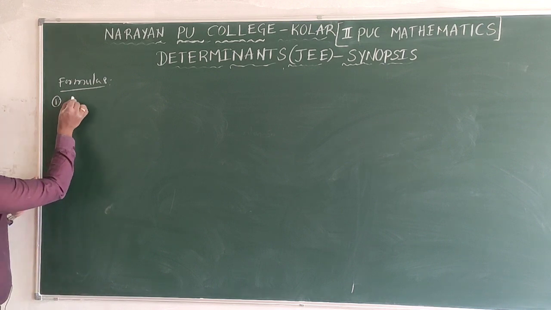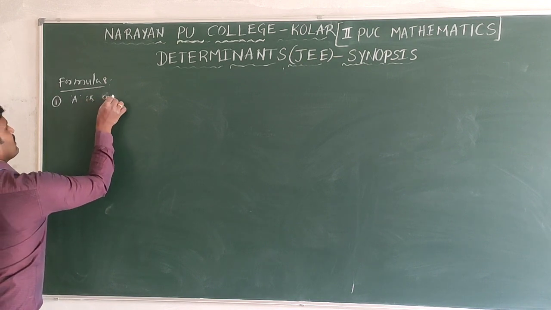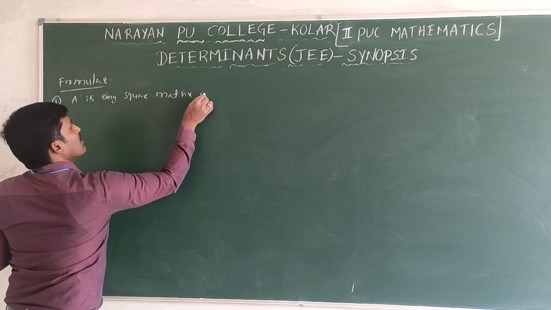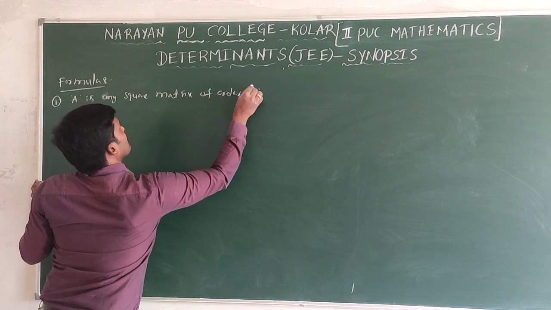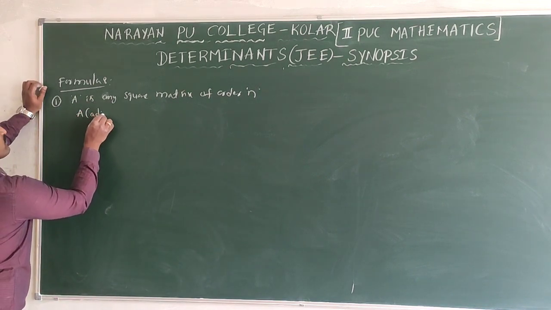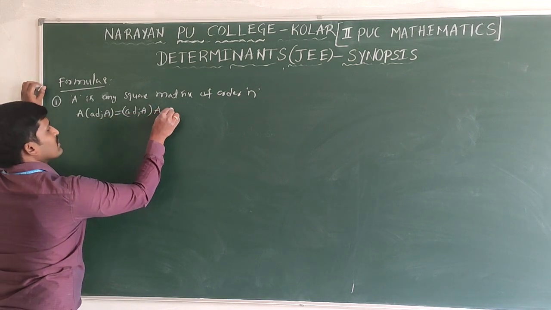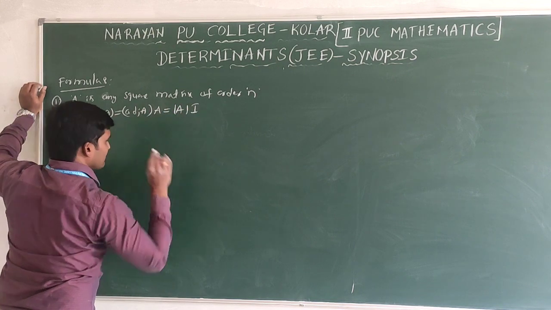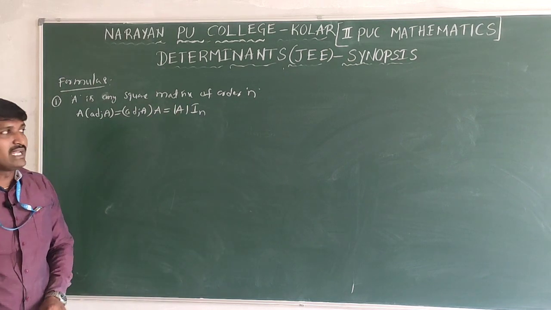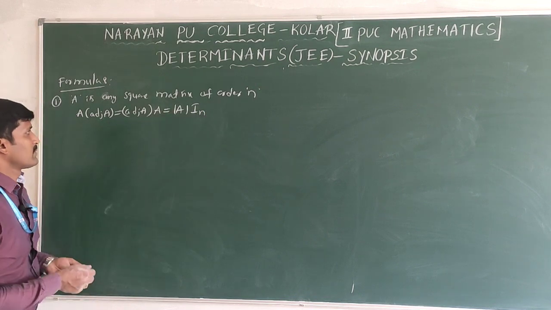So first one, A is a square matrix of order n, and A into adjoint A equal to adjoint A into A equal to det A into I. I means the identity matrix; you can take it based on the order n. If n is 3, it is the third order identity matrix. N will be taken based on it.